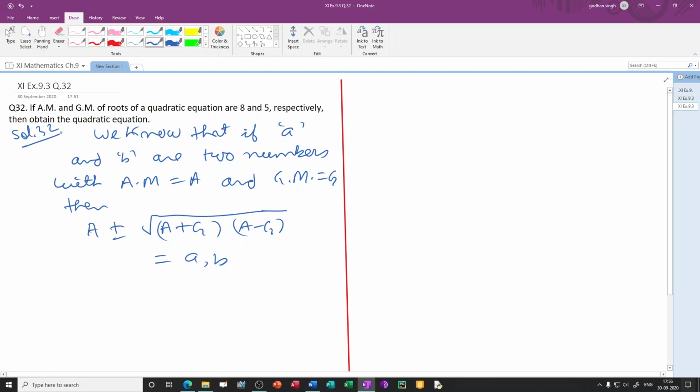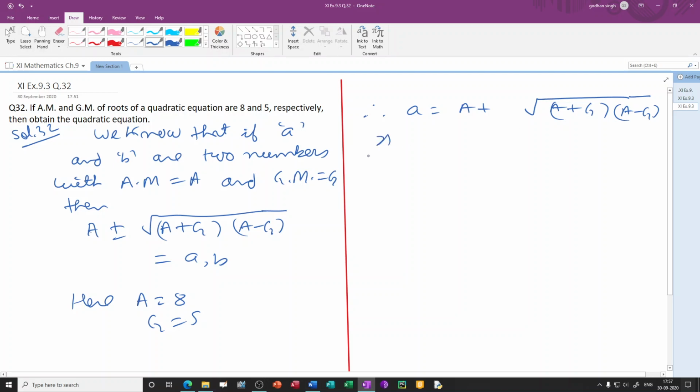So what is given to us? Arithmetic mean and geometric mean of roots of a quadratic equation are 8 and 5. So here capital A equal to 8 and capital G equal to 5. Therefore a equals capital A plus square root of (A plus G) into (A minus G).